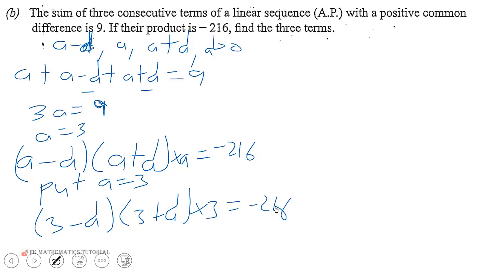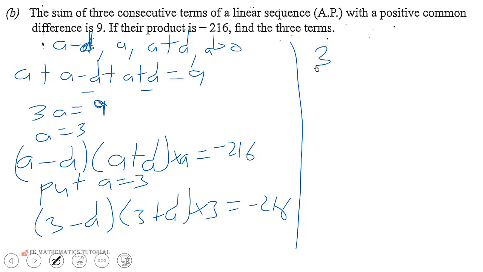Now, if we divide through by 3, 216 divided by 3 is 72. So we get 3 minus d times 3 plus d.